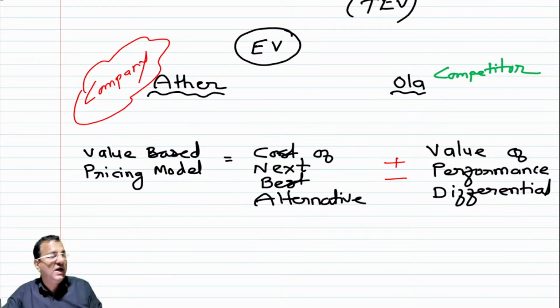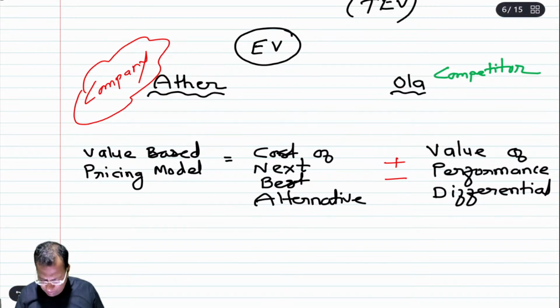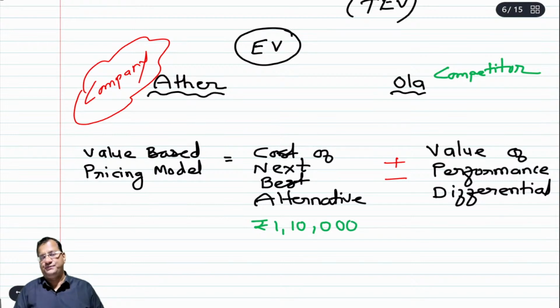What do you mean by cost of next best alternative? The customer wants to purchase my product, the customer preference is my product, but if for any reason the customer is not buying it, which competitor product will my customer buy? Suppose it is Ola. Let's have a notional amount of 1,10,000 for the competitor product.